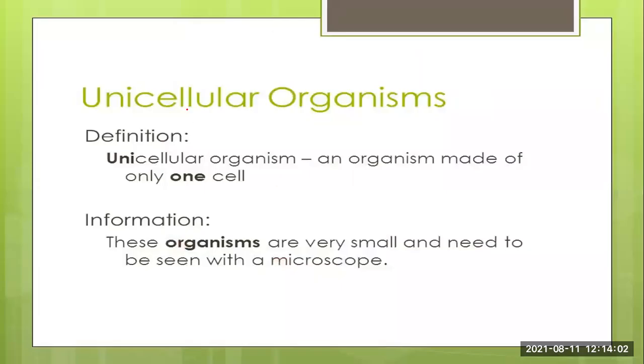Now here comes another slide in front of you where you can see that uni is a word that we use for one. Unicellular organisms, an organism that is made of only one cell. This one is very important. If you know the meaning of uni, you will definitely know the definition of unicellular.